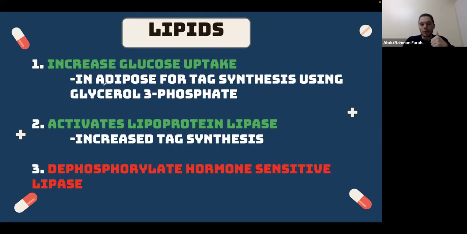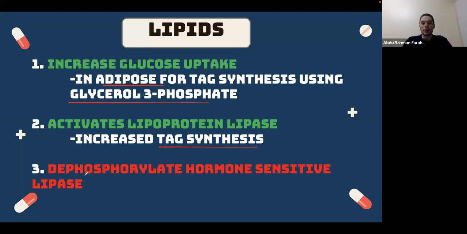The glucose that's taken up into adipose tissue is important for triacylglycerol synthesis because this glucose provides a molecule called glycerol 3-phosphate. It's important for triacylglycerol synthesis, and again, that's an anabolic reaction. You're building up. It also activates lipoprotein lipase, and so at the end of its pathway, there will be increased triacylglycerol synthesis.